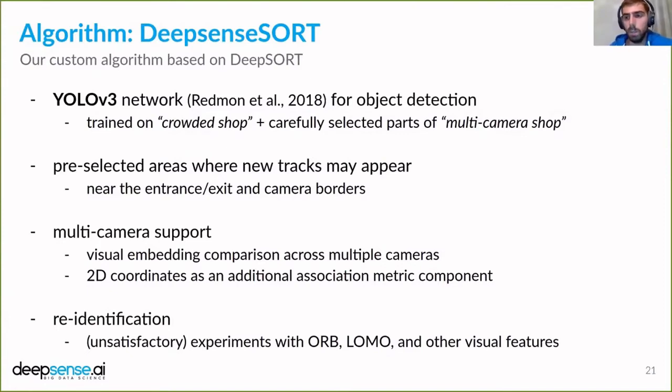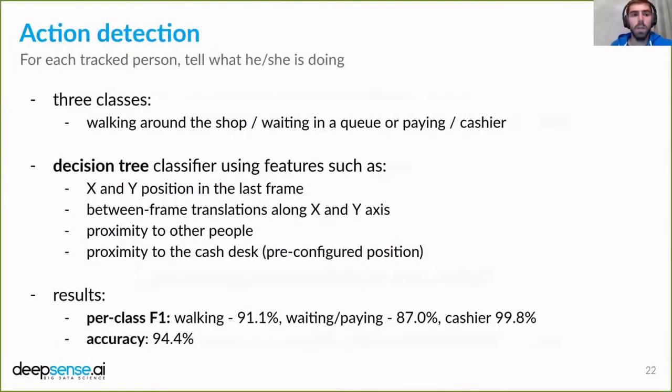It could not really recognize it's the same person that it was a moment ago. We experimented a lot with different extractors, different features like ORB, LOMO, also applied these FairMOT embeddings to DeepSense-Sort tracker, but nothing really satisfied us in this dimension.